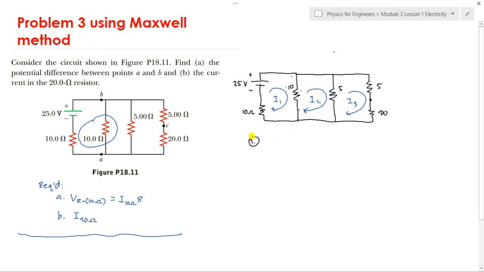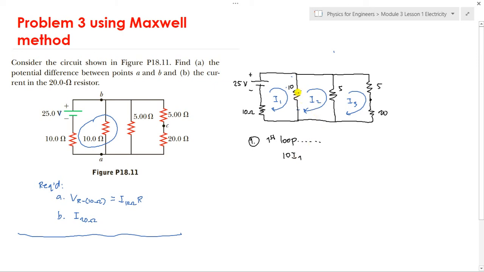So here for our first loop, let's start with this 10 ohm resistor. For the 10 ohm resistor, we take the positive voltage for I1, since the direction of I1 is positive, so that is 10 I1.